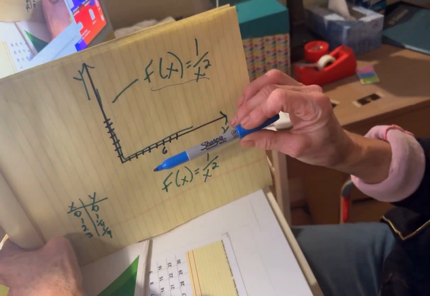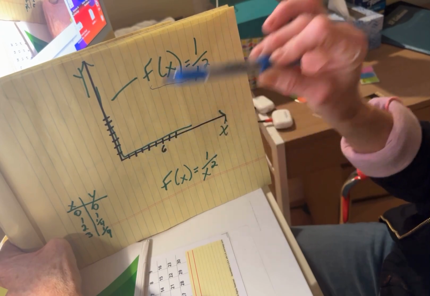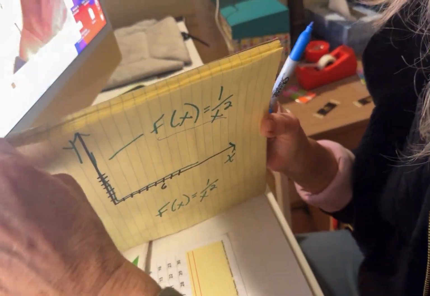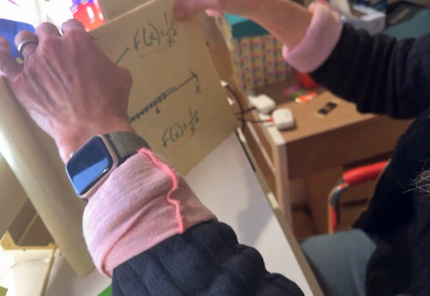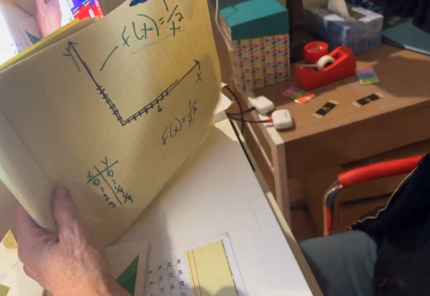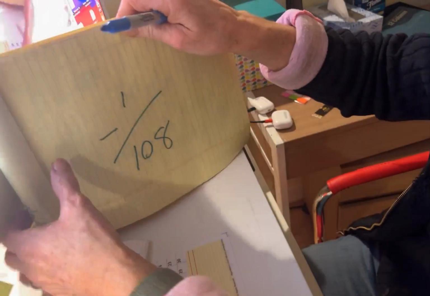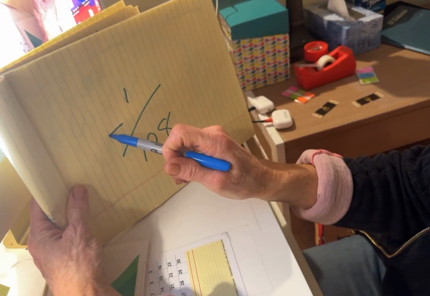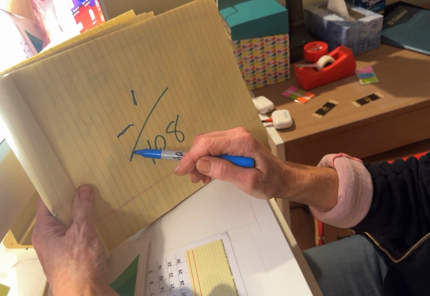Therefore, it's a very, very small number, much like what we just found, which was the 1 over 108. I rewrote it over here. And we can see that it slopes down as we go from the left to the right, meaning that the slope is negative.